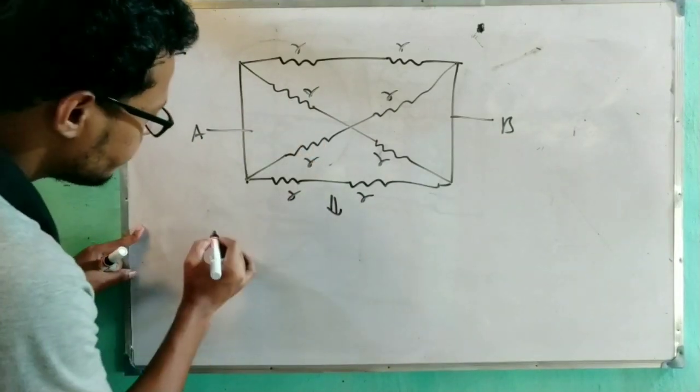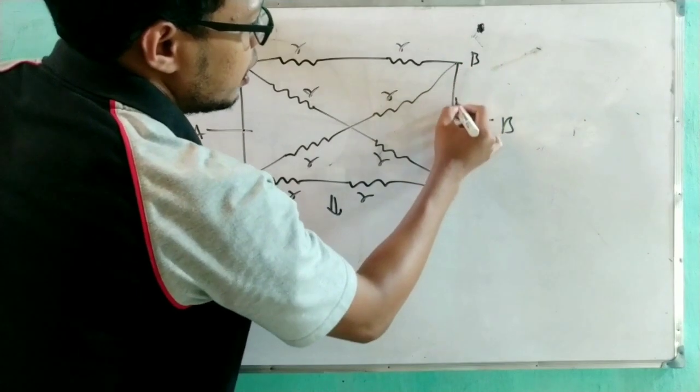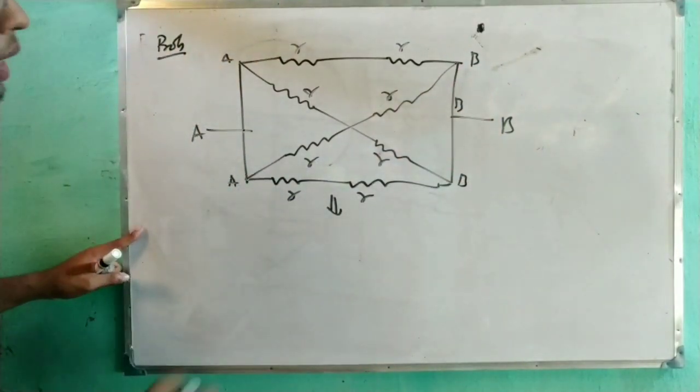I am drawing it. See, this point is A, means this is A, this is A, this is B, and this is a different point.